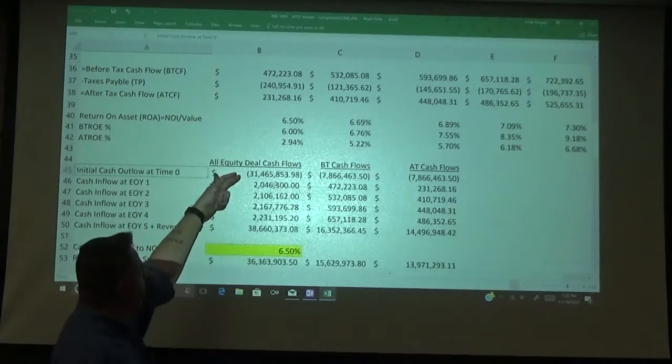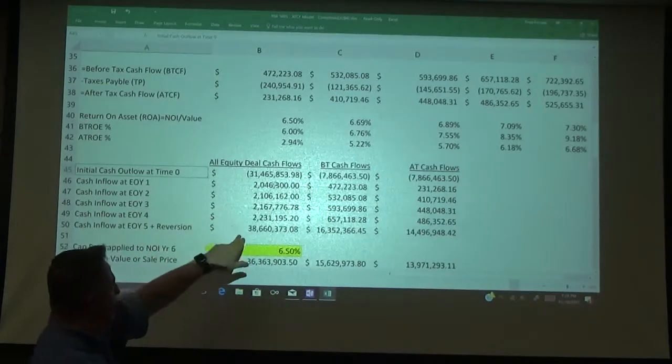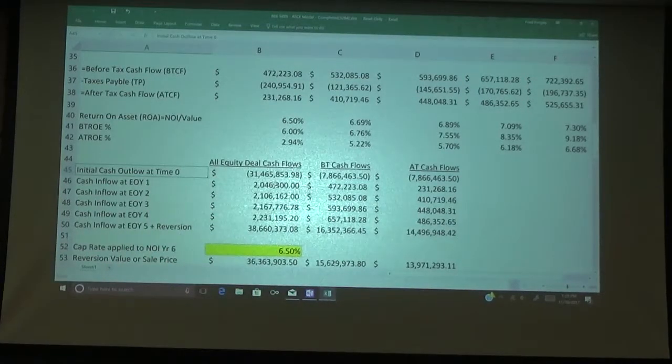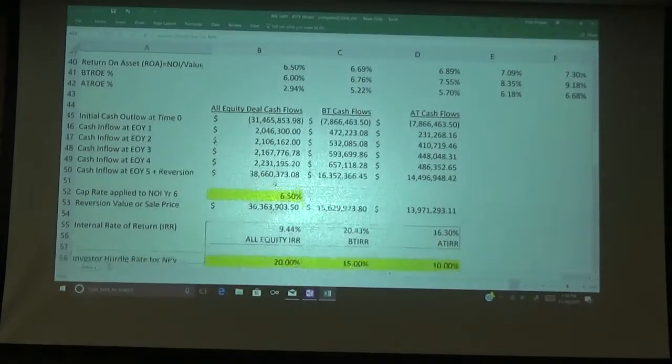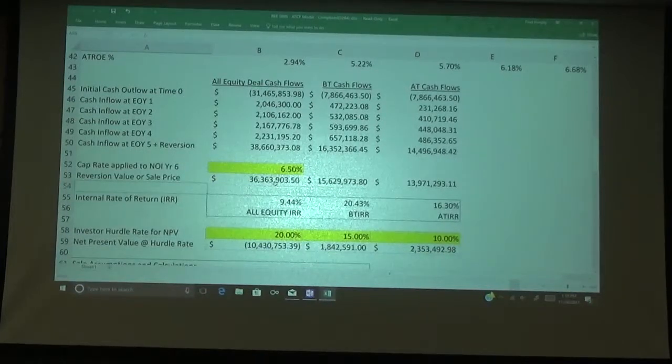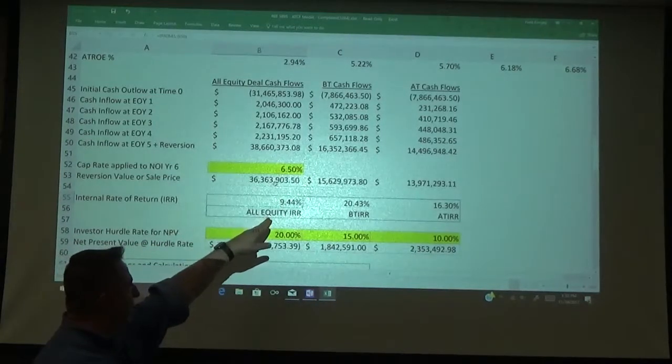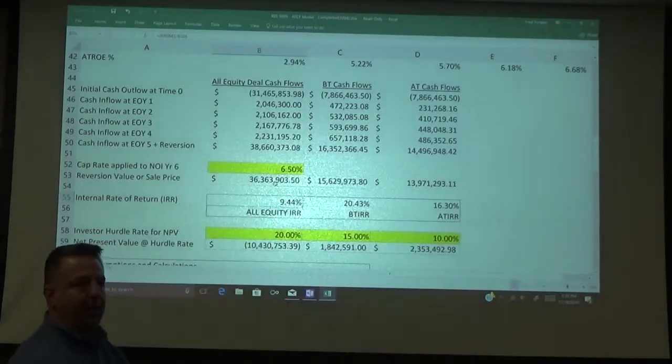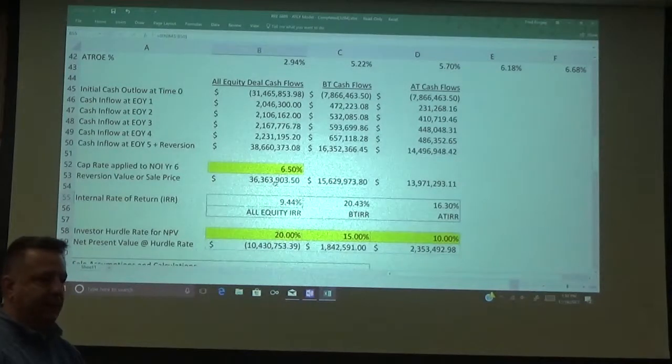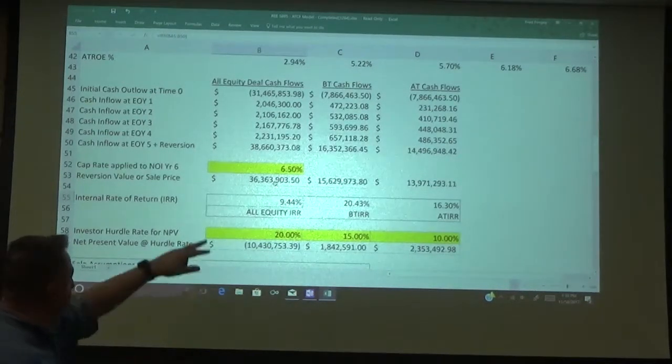So this is just simply going to be taking those cash flows with our reversion value, and then just doing the basic return calculations of internal rate of return and net present value. So starting with internal rate of return, you should be able to match up with that 9.44 by plugging all of this into your calculator, the same way that you do any of the calculations.